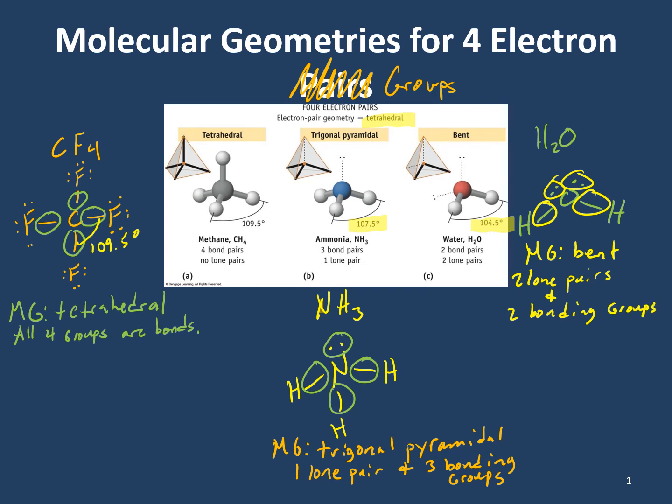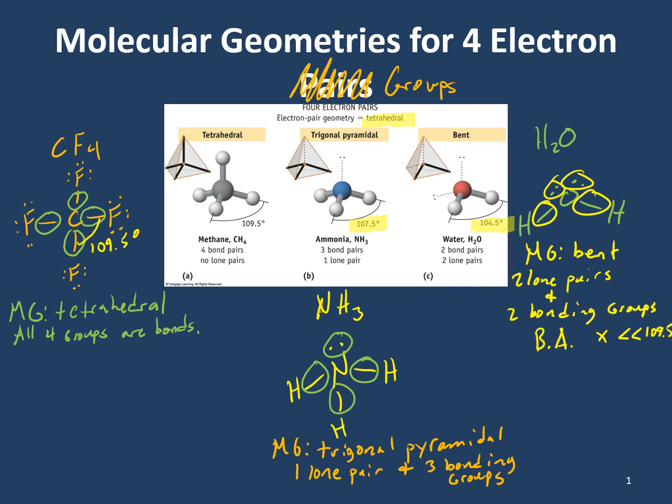Now the bond angle here, let's say BA, is going to be significantly less than 109.5. And that is distinctly different from the tetrahedral, which is 109.5 exactly.